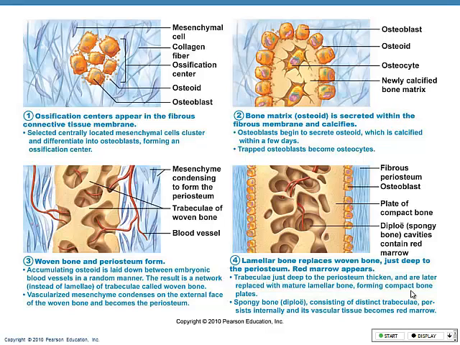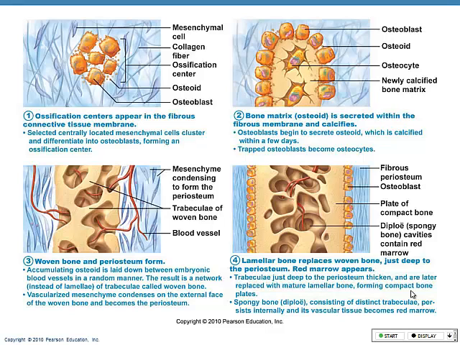All the bone that forms in the beginning looks like spongy bone, or what do we call it here in this little description? What's another name for spongy bone? Trabecular bone. So trabeculae, that's the little spongy looking formations, is what we call those formations in spongy bone.